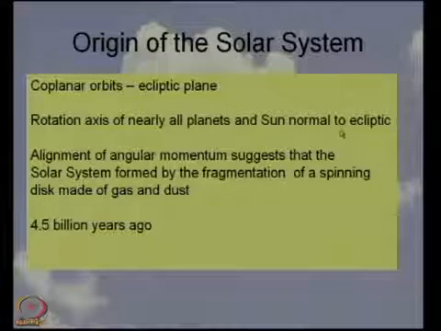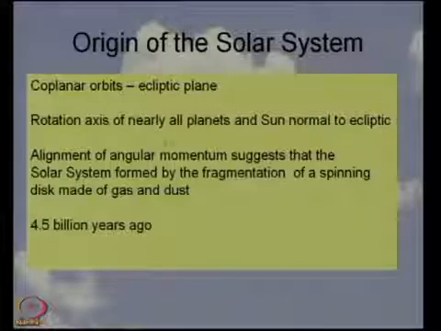So, on the average, they also rotate in the same direction in which they are revolving. So, the angular momenta are aligned. It seems that most of the objects in the solar system, the planets and the sun, have their angular momentum vectors aligned. There are a few exceptions.